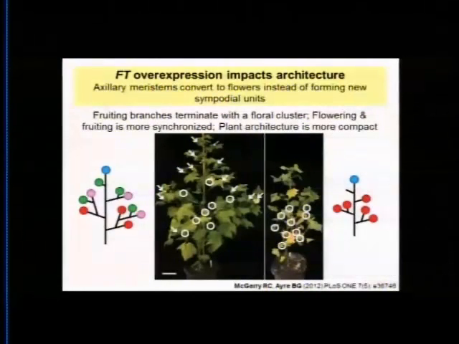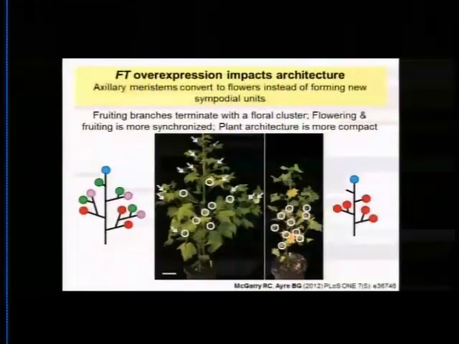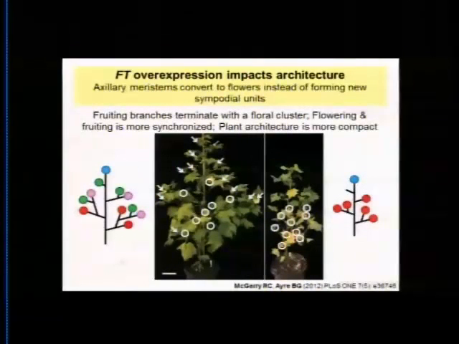In our FT overexpressing plants, on the other hand, we've got vegetative growth, a flush of reproductive growth, and then all of those branches that normally would produce more flowers have terminated into these floral structures. So we have synchronized the crop by preventing formation of new flowers.